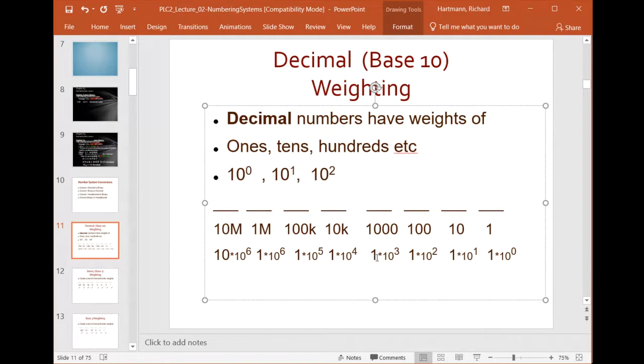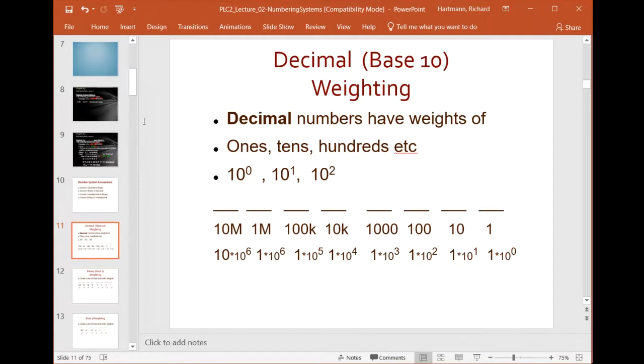Using power notation, this is 1 times 10 to the power of 0, the ones column. 10 to the first power is tens, 10 squared is the hundreds column, and 10 cubed is the thousands column. So that's decimal.